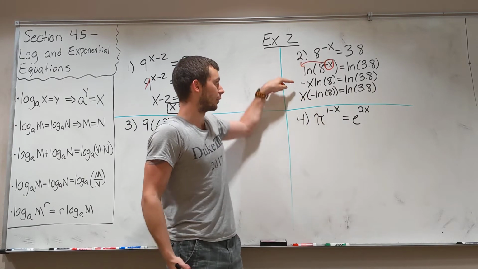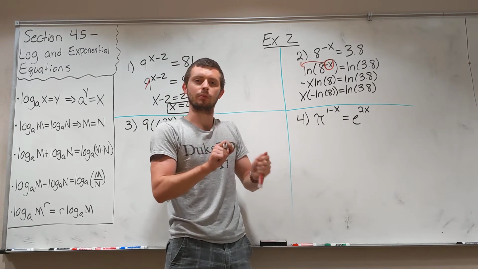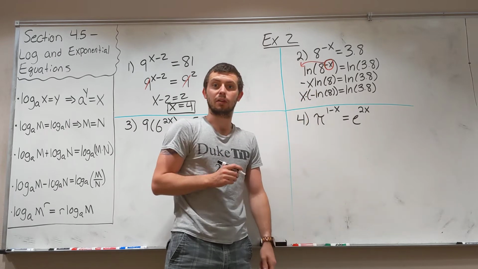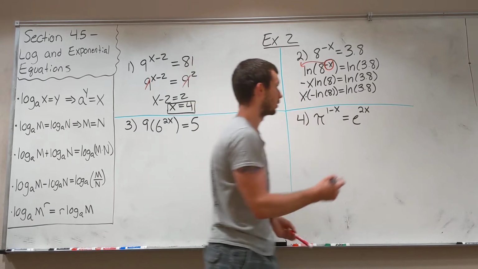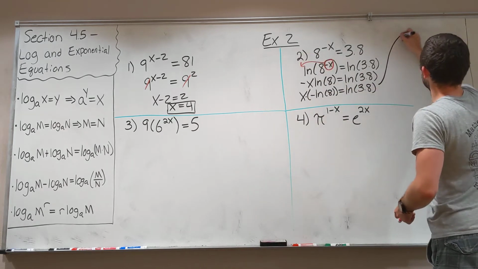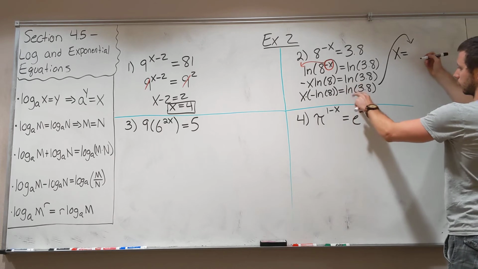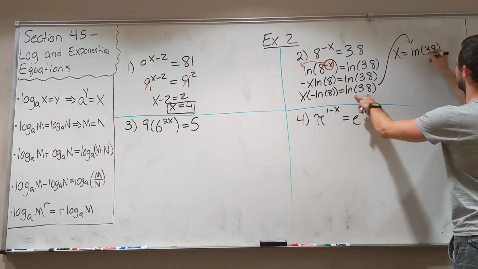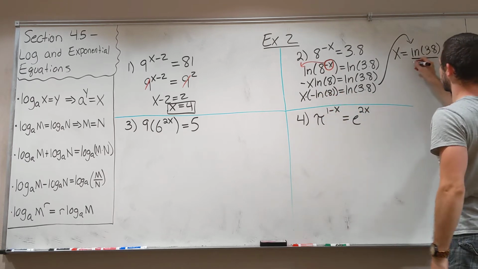These are the same exact thing. I'm just switching the terms. So if you identify that that is in fact a product, then all you have to do is divide and you're done. So upon division, that tells you that x is now equal to ln of 3.8 divided by, well, everything we are dividing.